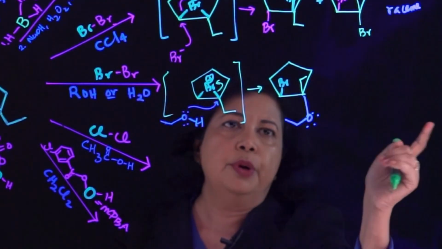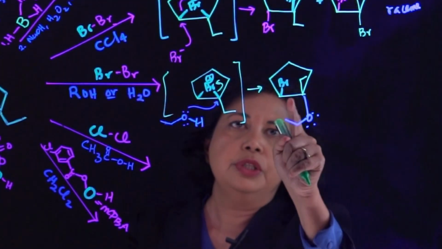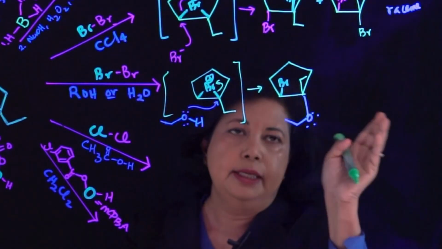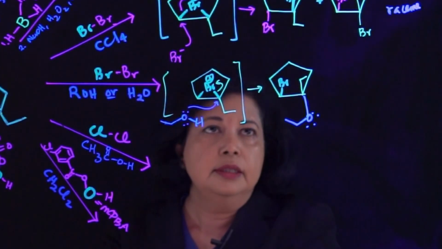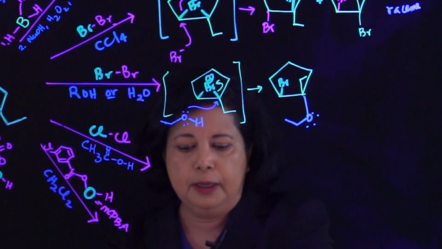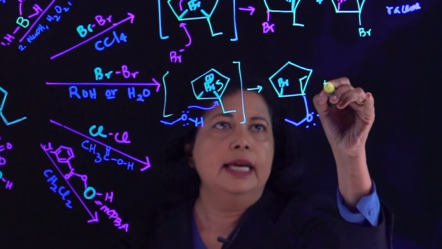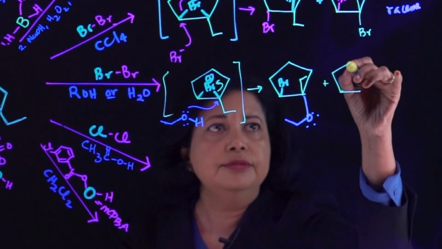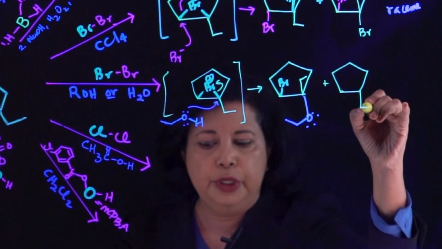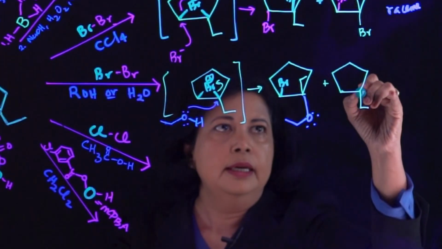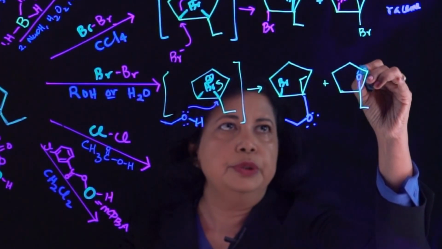Your minor product could be your oxygen here and your bromide here. So this is your Markovnikov product, and you could have the bromide down and attack of ethanol from above, but it's always going to be on the carbon that is more substituted.